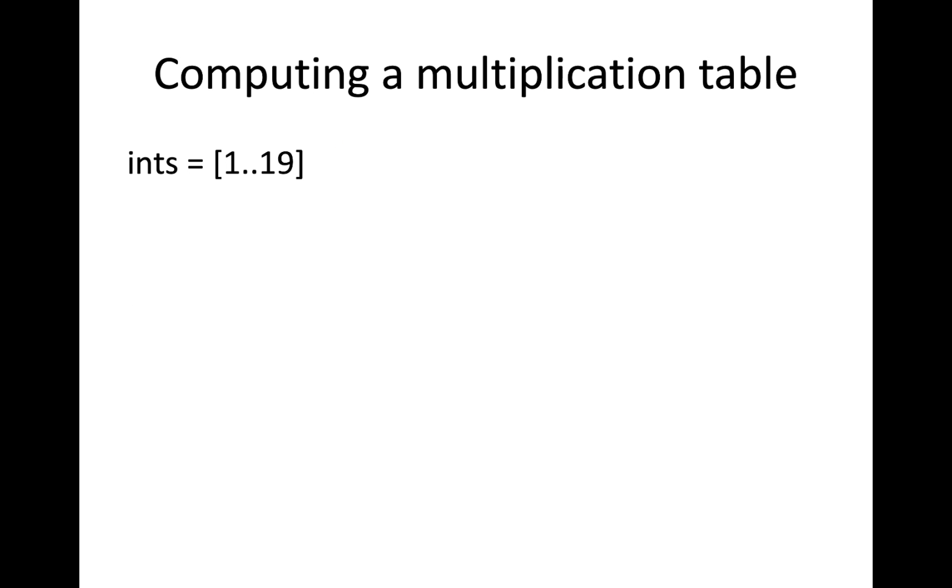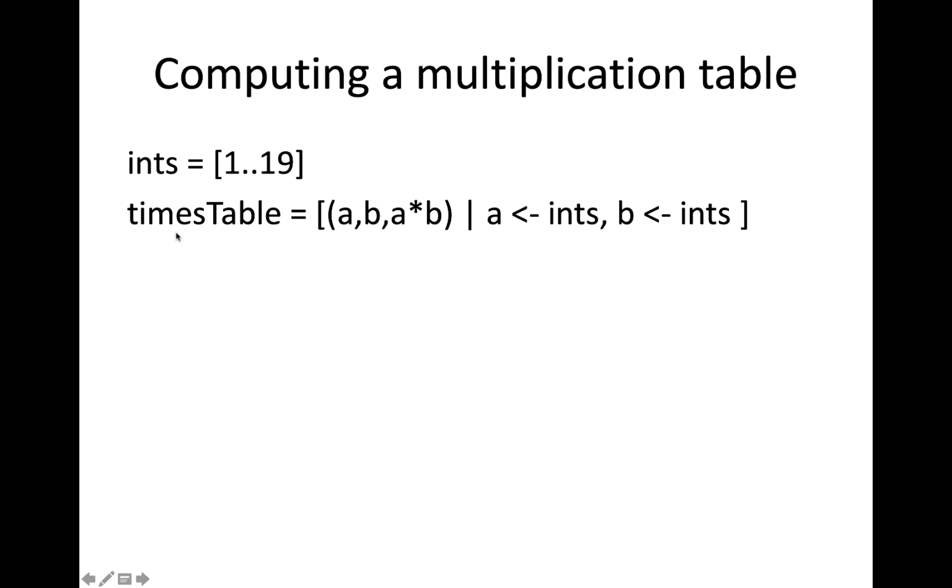Okay, more examples. Let's go back to our childhood. Let's compute a multiplication table, and let's get a list of numbers from 1 to 19. And then the times table has all these multiplications as a table.